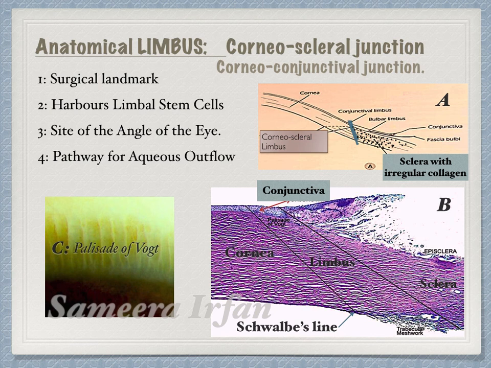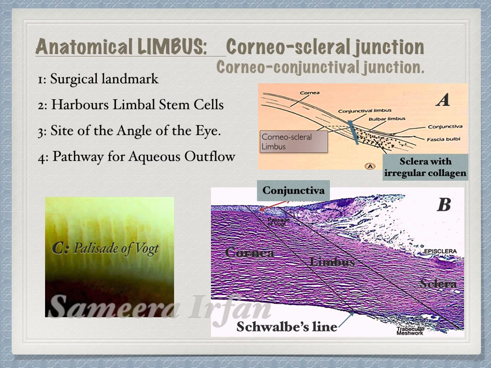Therefore, this makes the limbal area oblique, and this transitional zone is only visible to the surgeon once the conjunctiva is reflected, and it appears as a bluish gray area. Therefore, the anatomical limbus that we see on the slit lamp is quite different from the surgical limbus.